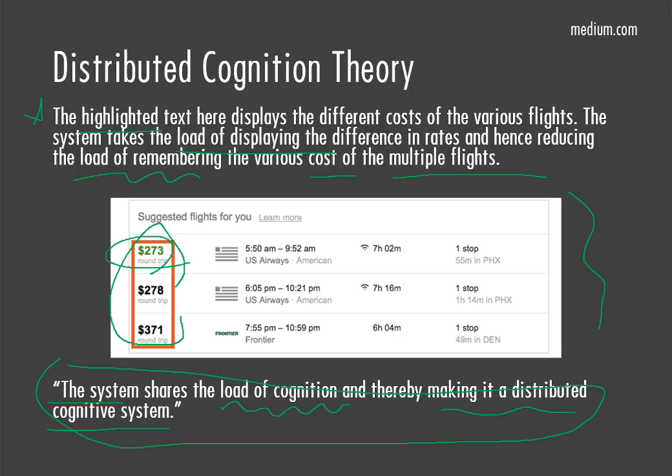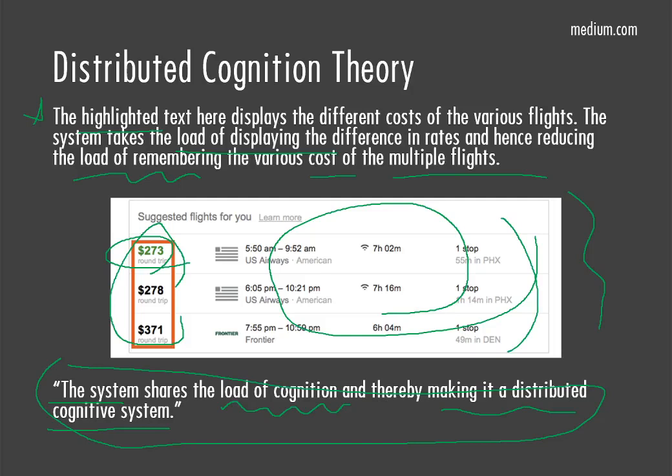These few simple letters and numbers mean so many things, you know. It distributed the cognition. You can get a lot of information from this simple table.